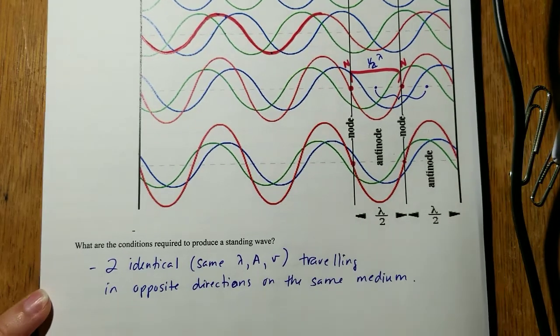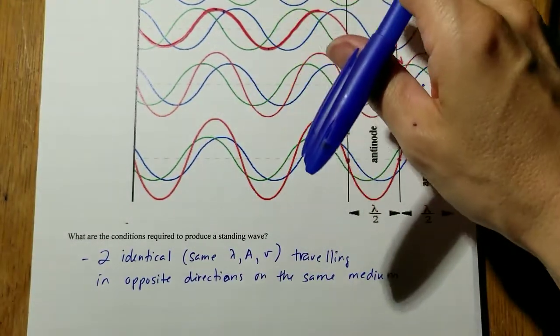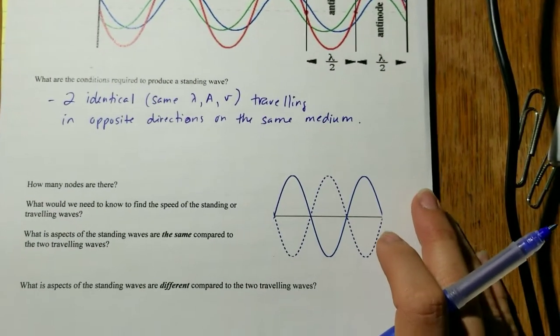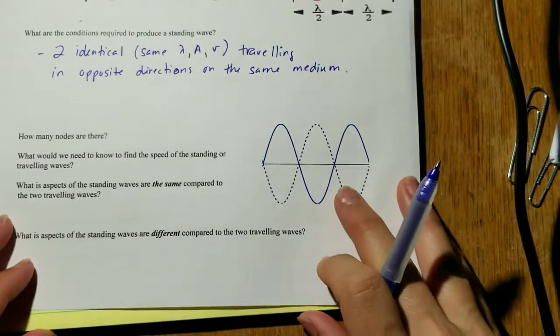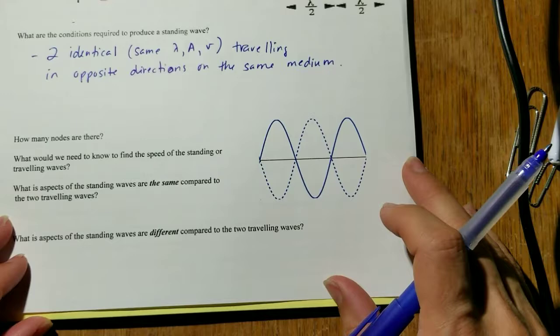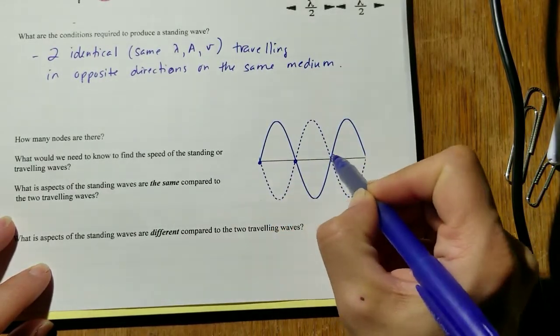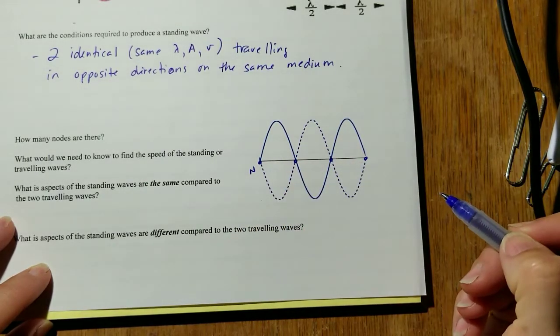All right, so now how do we solve these types of questions? How can we use this information? First of all, I do want to point out that you will see standing waves drawn like this, because this is the flip-flop. So here, node, node, node, node. These are all the nodes.